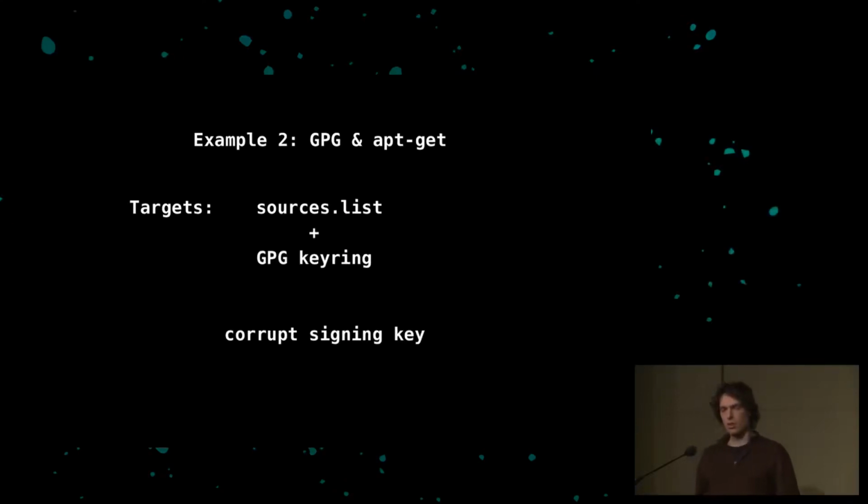We also corrupt a bit in the GPG keyring to change the signing key to a key that we can reconstruct. And then we can backdoor packages being installed. So we have a demo for this as well.